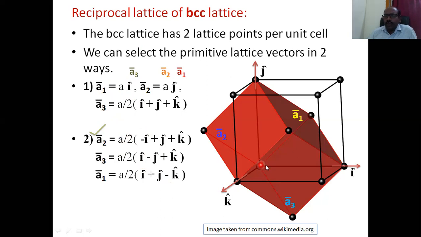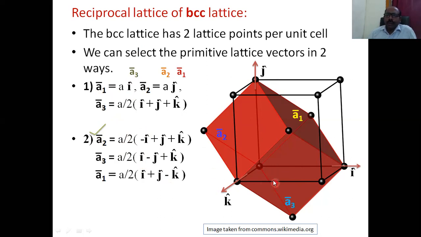Even more simply, we can take the base vectors in this format also. One point in this direction, another point, and the body center point; the repetition of these also gives the same sites in space.